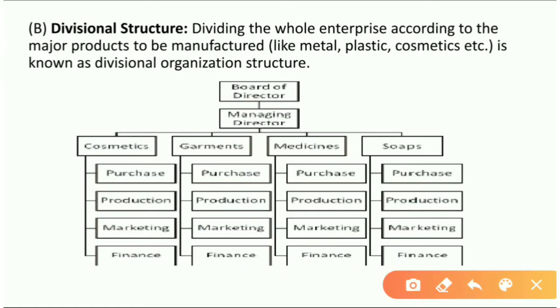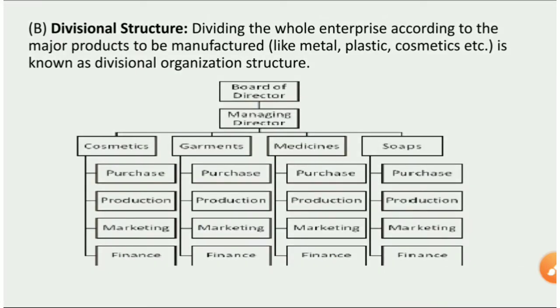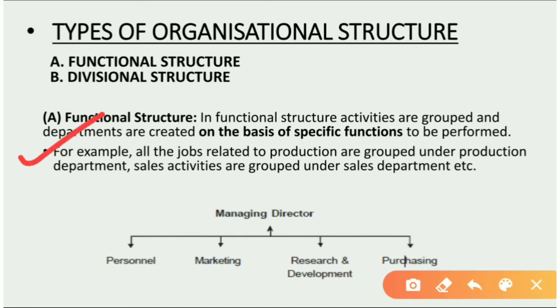See here, for example, all the jobs related to production are grouped under the production department. Sales activities are grouped under the sales department. You can see this flow chart. There is a managing director, the top level manager of an organization.